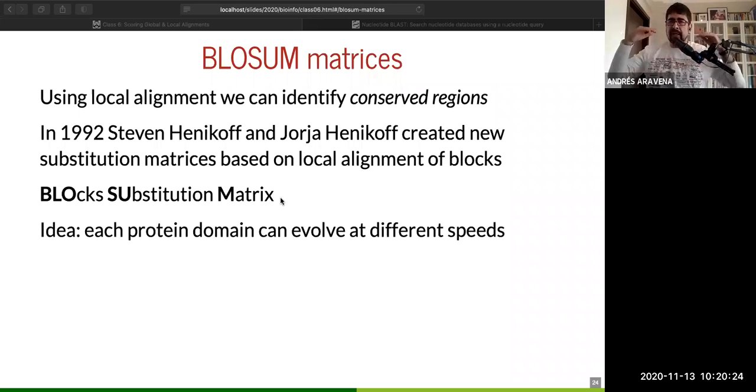So again, Dayhoff took proteins and did global alignment. To do global alignment, you need to have proteins that are very similar. So she separated all the sequences into 71 or 77 groups, did global alignment in each of the 77 groups, and found the frequencies in all these cases, essentially as manual work.